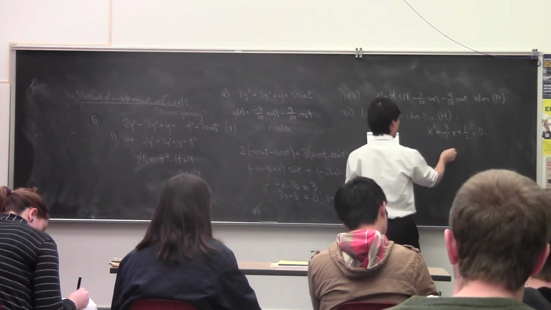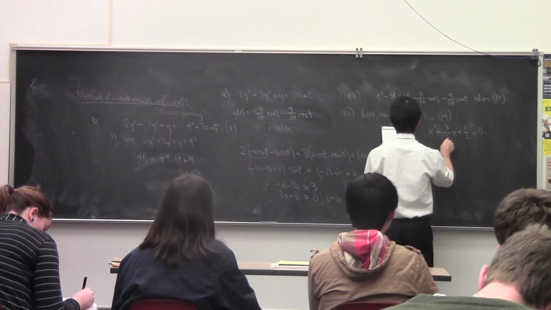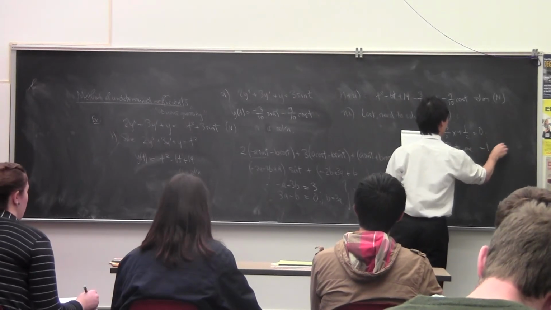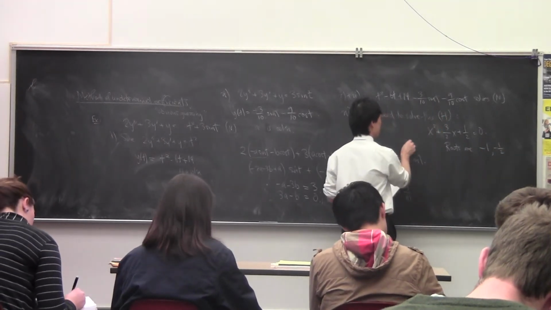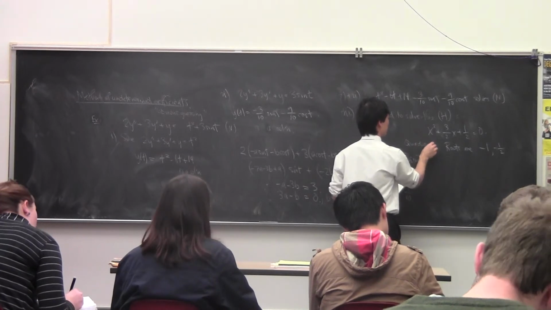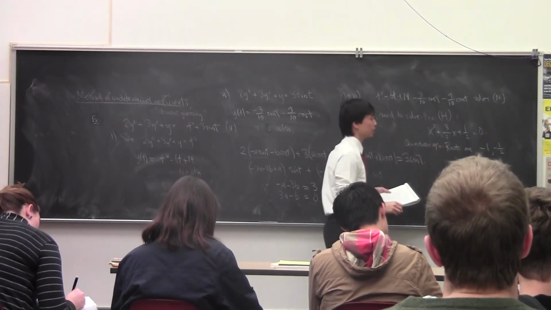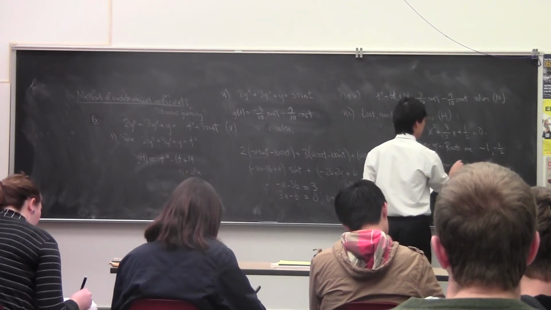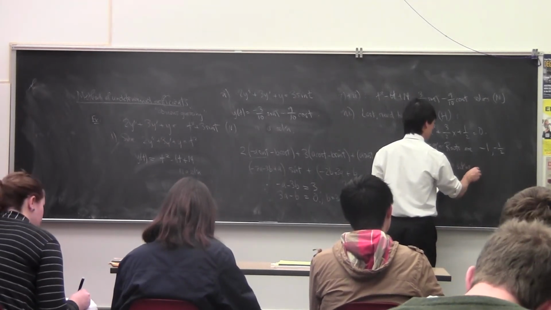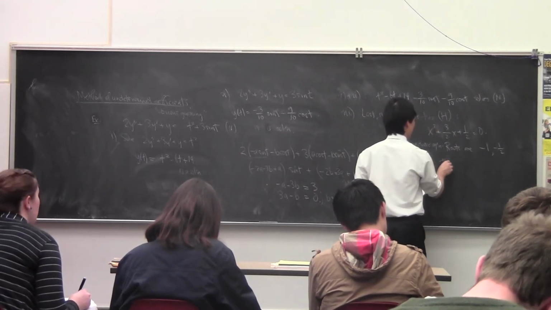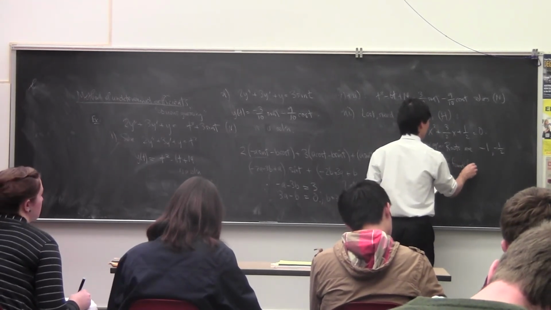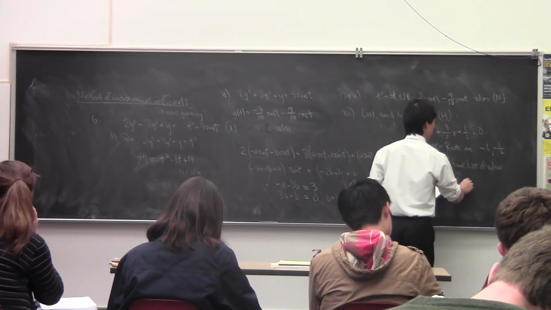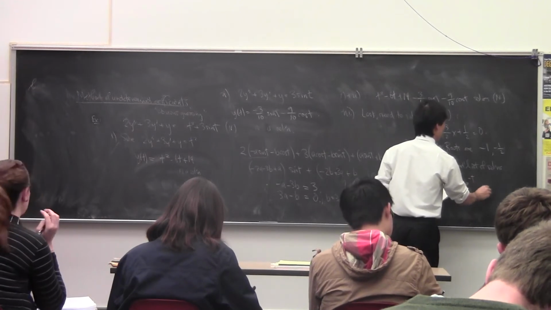You do the quadratic equation on that, you see that the roots are minus 1 and minus a half. And so the solutions to the homogeneous, the fundamental set of solutions, is just going to be e to the minus t, e to the minus a half t.